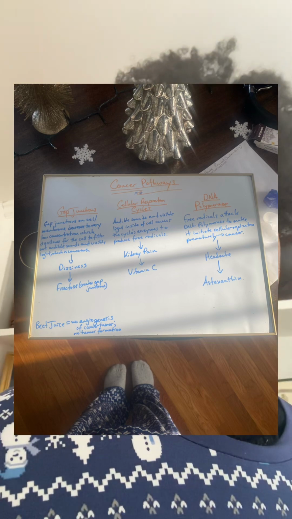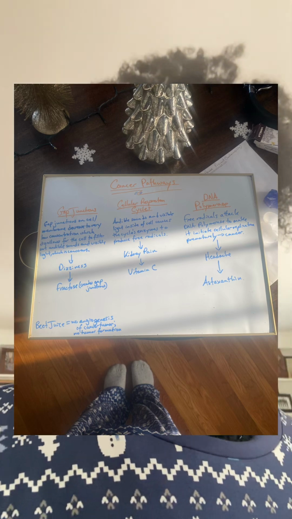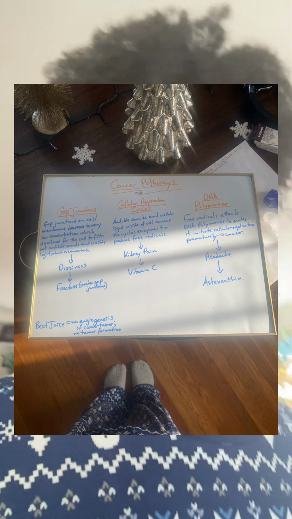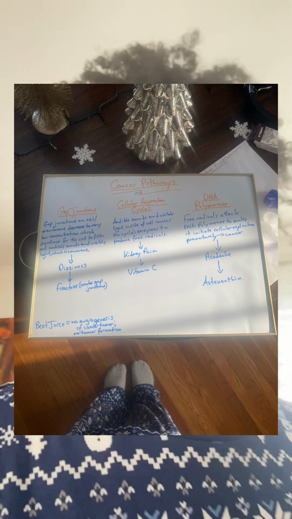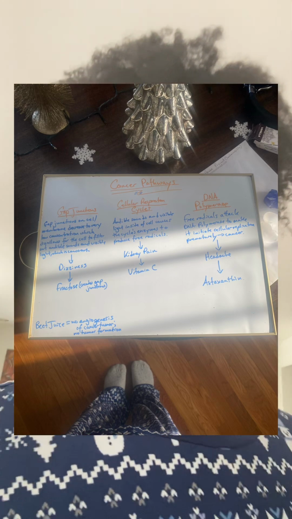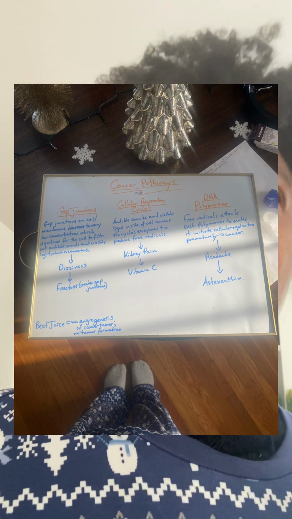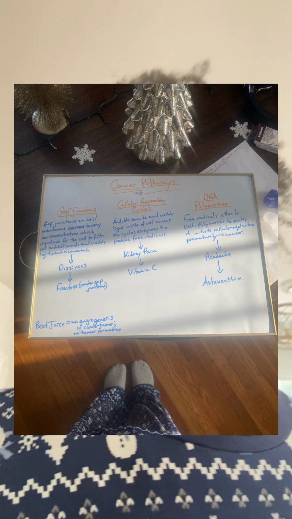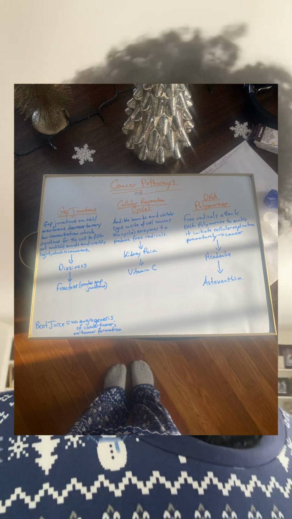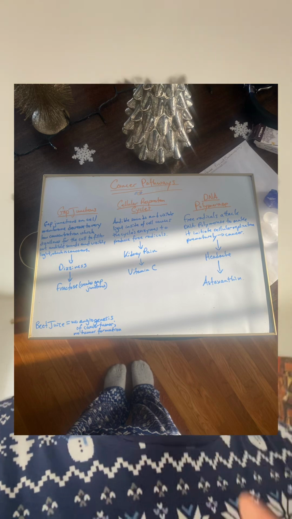And a gap junction is just a channel in a cellular membrane that allows water to flow in and out of the cell.